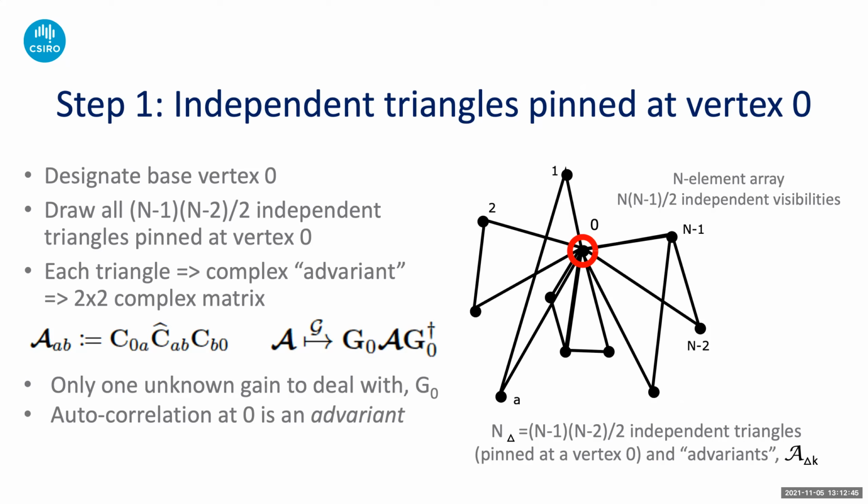Everything else in between cancels. And all the advariants only depend on this G0 and G0 dagger. So you've already reduced the problem of dealing with n-element antenna gains to just dealing with 1 antenna gain. And as trivia, autocorrelation happens to also be an advariant.